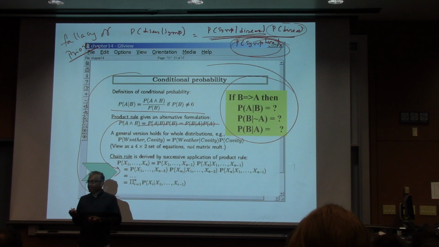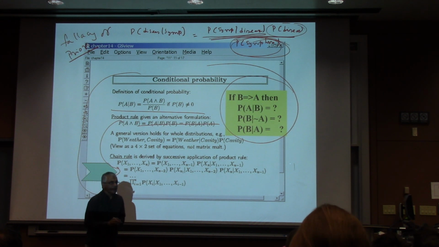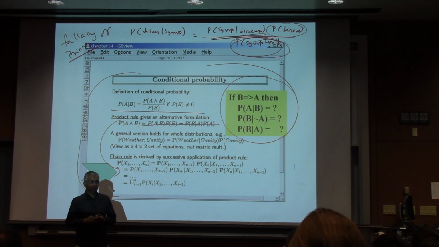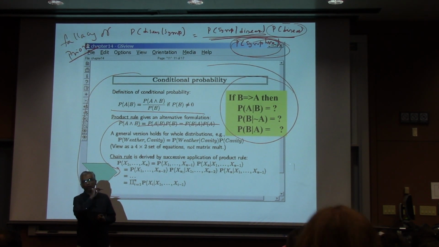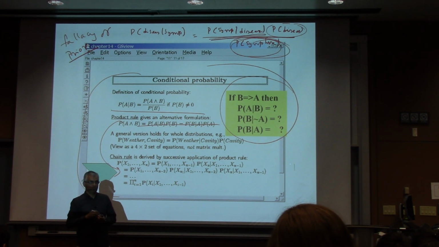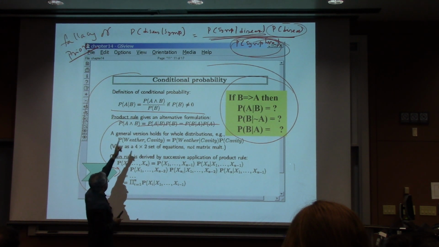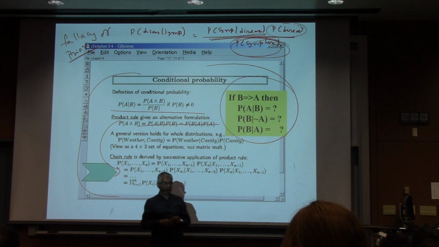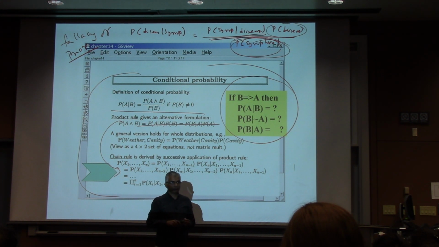So the question is, can I avoid assessing probability of symptom? I want to use Bayes rule, but I don't want to get probability of symptom. I'll tell you how. You are trying to compute probability of disease given symptom. Right? And that is the rule.